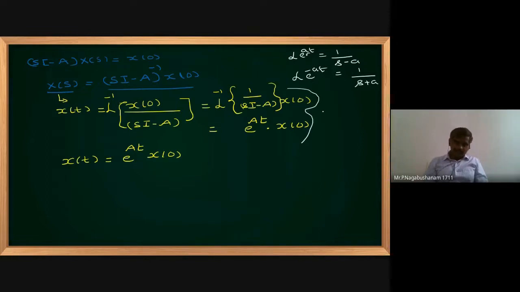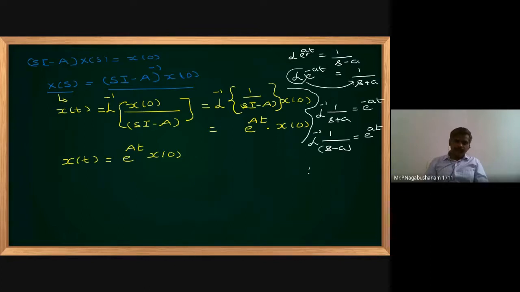Next, let me use L inverse. Same thing. L inverse of 1 by (s plus a), that means sending the Laplace to the left side, is nothing but e power minus at. Both are opposite symbols. In the same way, L inverse of 1 by (s minus a) is e power plus at.